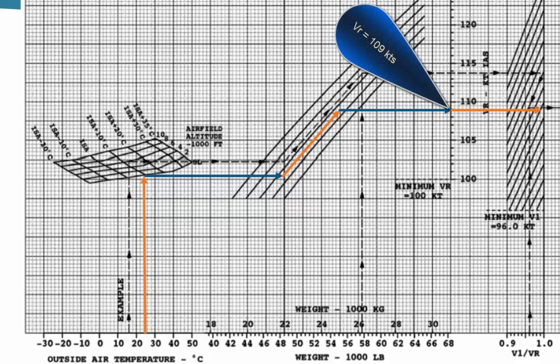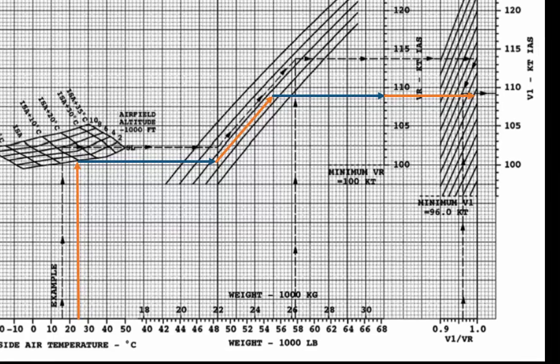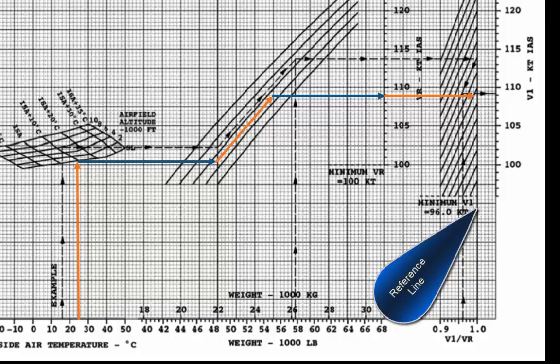We can keep going straight over, and at this point we get to a reference line that is all the way over to the right of the chart. And then we have to use that V1 VR ratio of 0.93 that was given to us in the question.